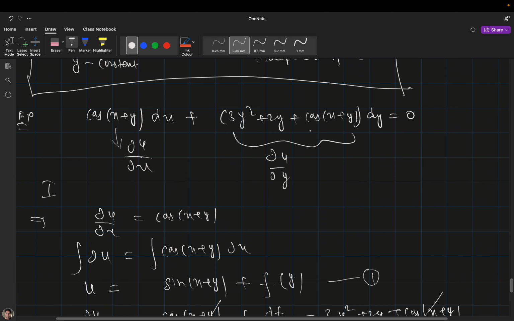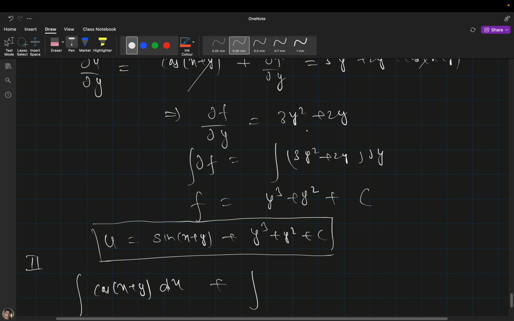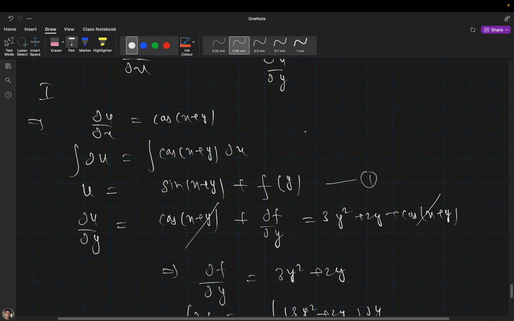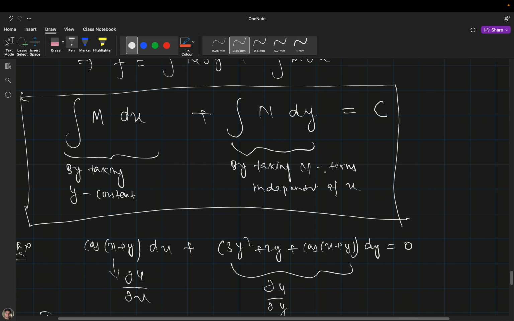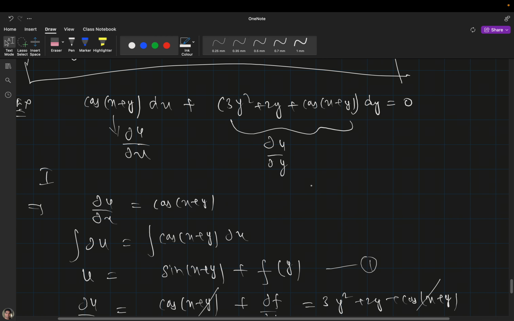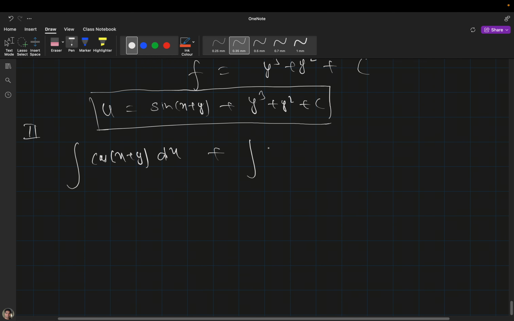Only these two terms in N are independent of x, so directly write (3y² + 2y) dy equal to c.